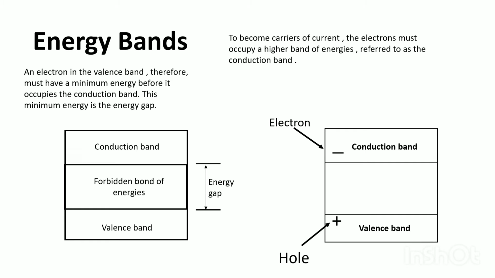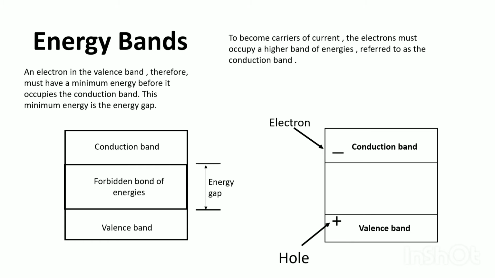The minimum energy is the energy gap of the material. For conductors such as copper, the valence and conduction bands overlap. Consequently, there is a plentiful supply of electrons to serve as carriers of current.